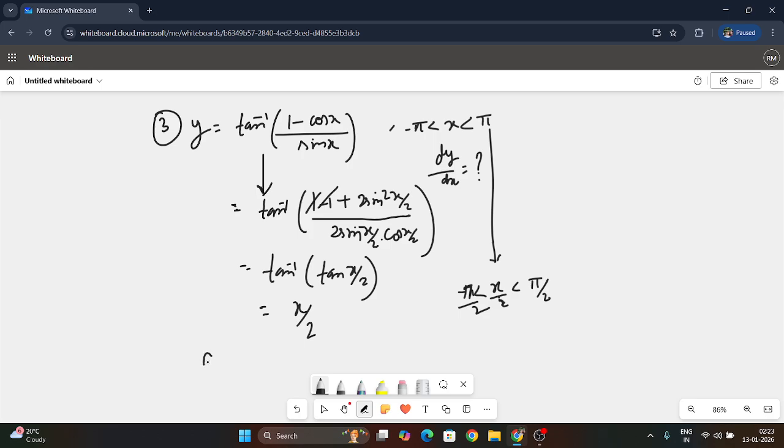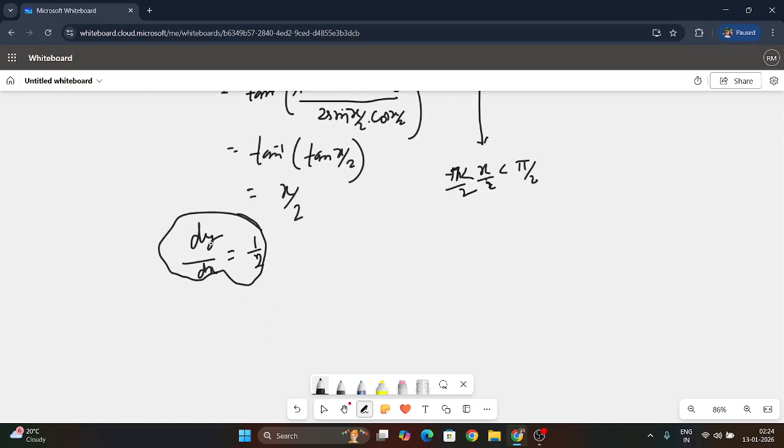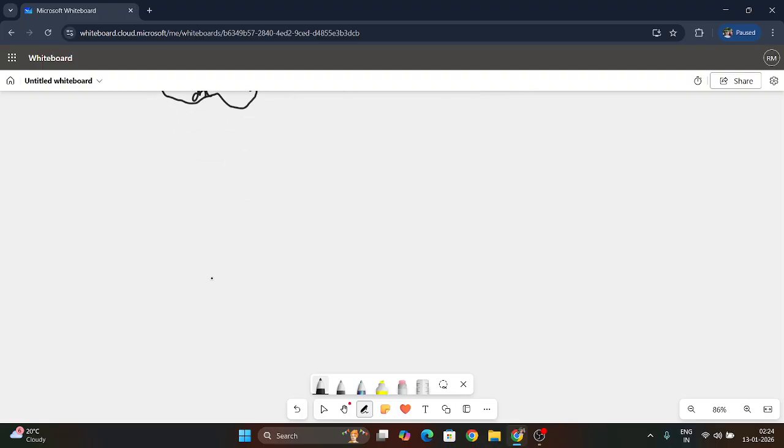Let's find the differentiation of this, dy by dx, and that is going to be 1 by 2. So 1 by 2 is the answer of this question. Please copy it, and now after this we will focus on some standard substitutions, and you have to keep those substitutions in your mind.